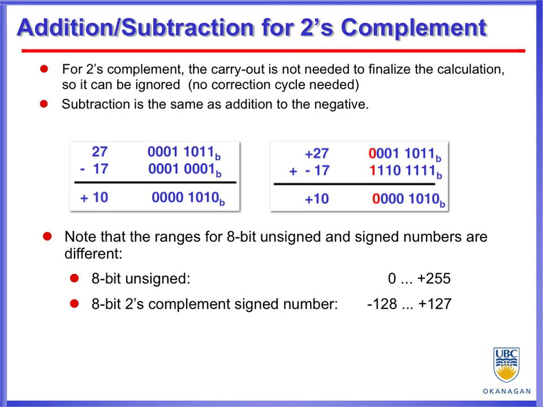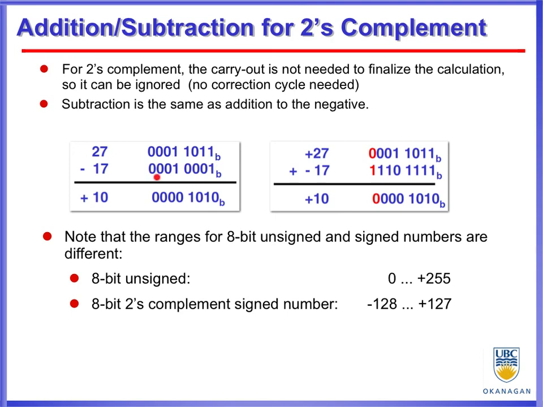Now, if we were to do this in a computer with 2's complement, we would add the negative. Okay, so again, 27 is like this. The 2's complement version for a positive number is the same as the unsigned value.